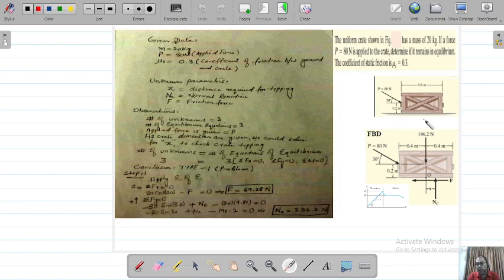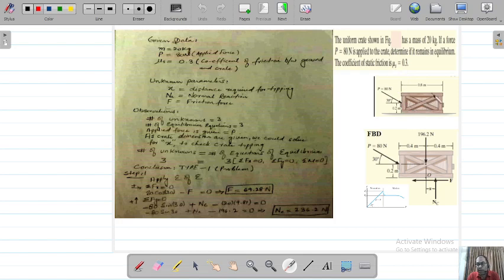Okay, this mu s lies between the crate and the floor. The S stands for static coefficient of friction. If it would have been kinetic, we would have written mu k.